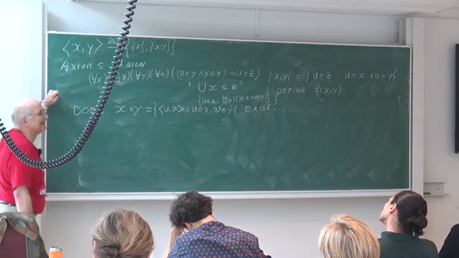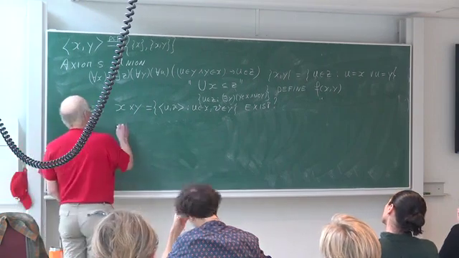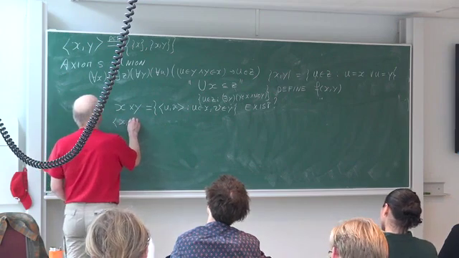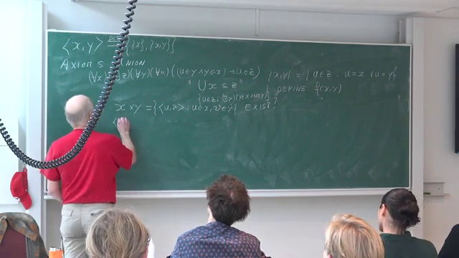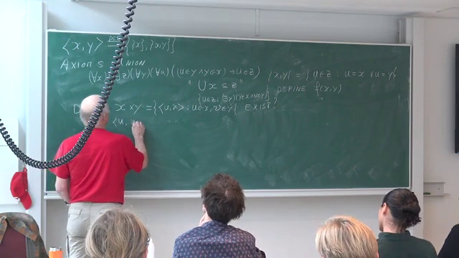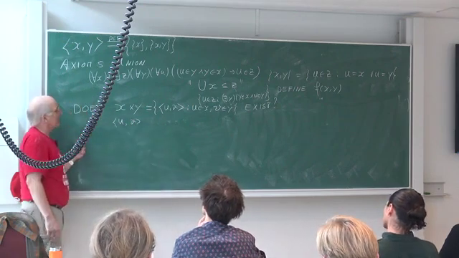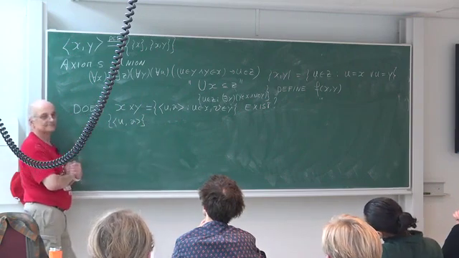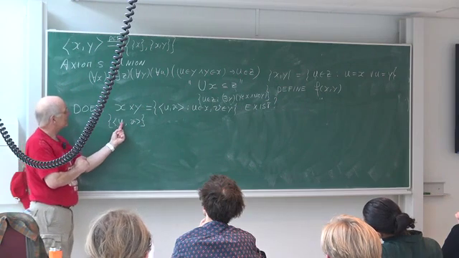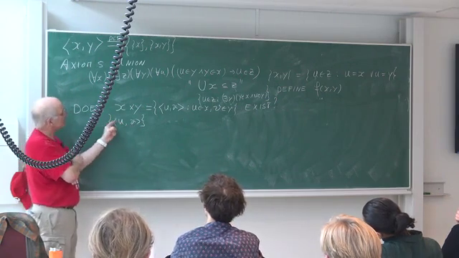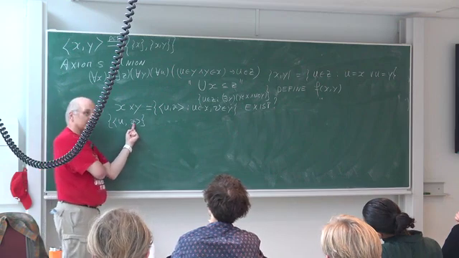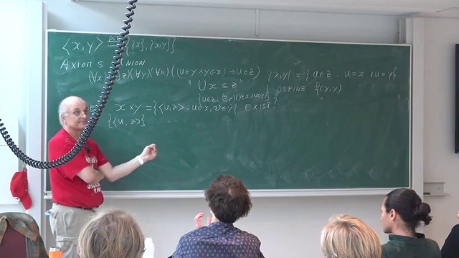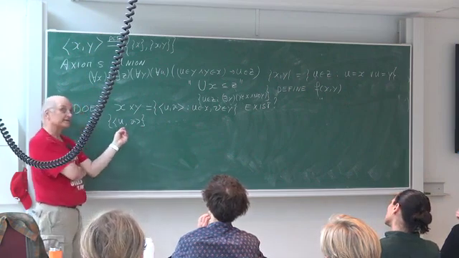No. Well, we fix an element of x, and we can do this. We fix u, and for every v, we can do this. Notice, this is completely unique because the ordered pair is unique and the singleton set is unique. So this is a function, actually. At least a function symbol, we can use that.